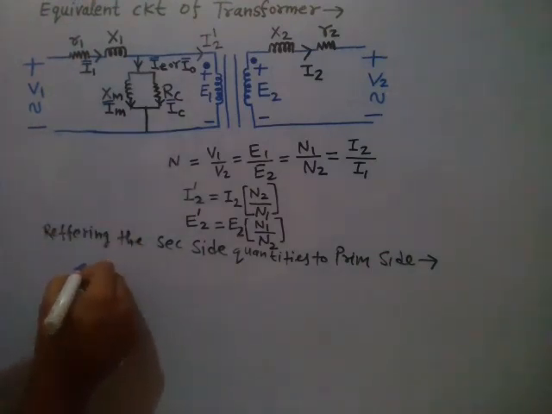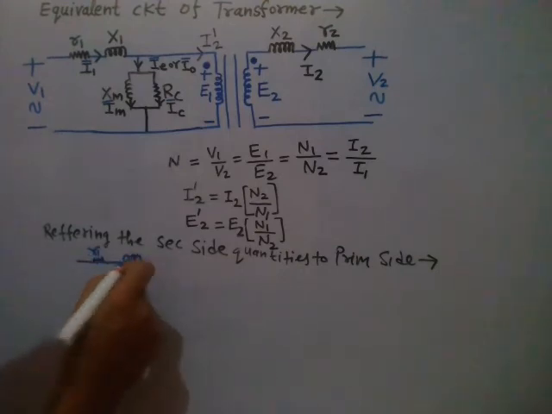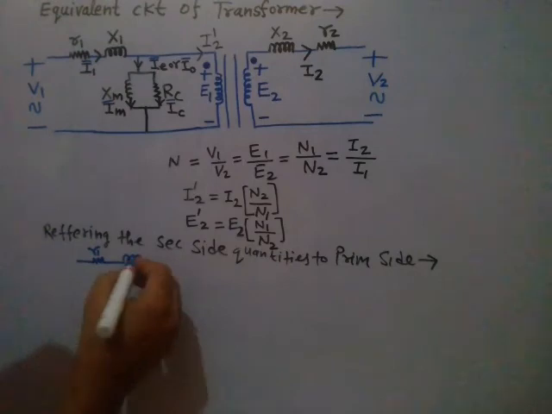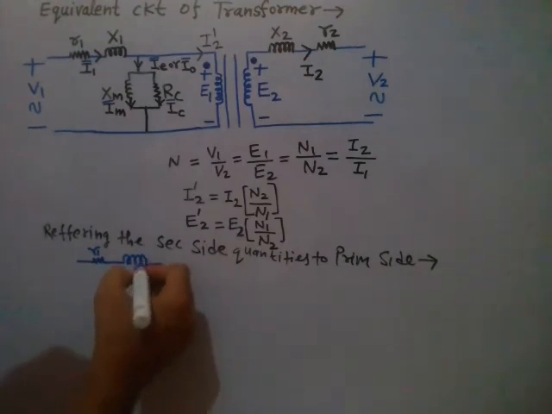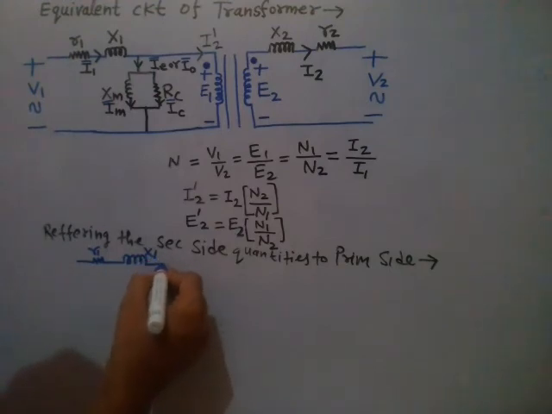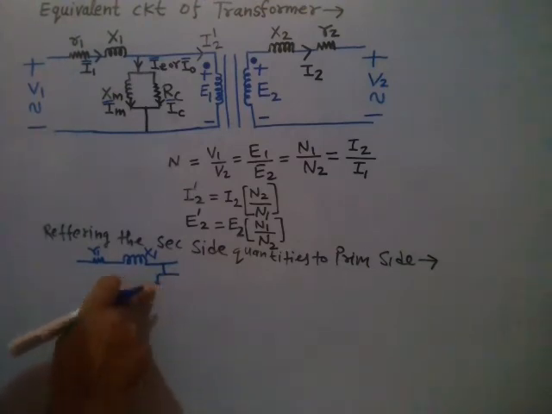So the equivalent circuit will be like this, R1, and here this is X1, the leakage reactance X1. This is the representation of the iron core.